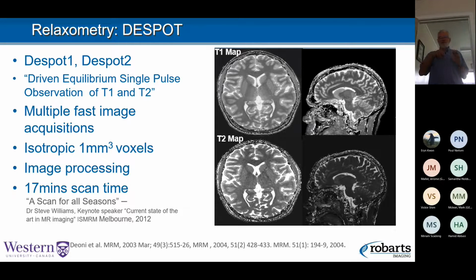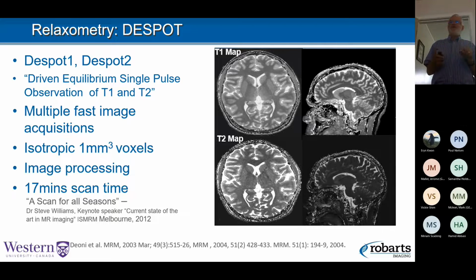This allowed multiple very fast image acquisitions with isotropic voxels, only taking 17 minutes of scan time, and then post-processing these images to allow us to get real T1 maps and real T2 maps. Because T1 and T2 weighted images have a combination of T1, T2, and proton density all mixed up together, it was very difficult to isolate certain structures.